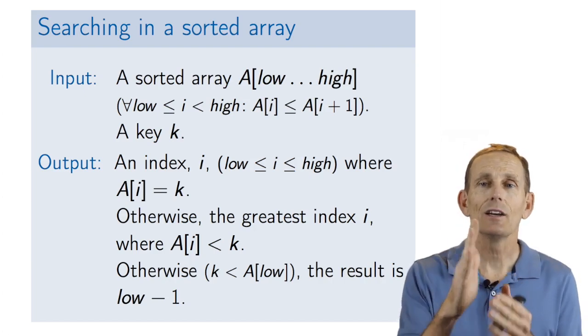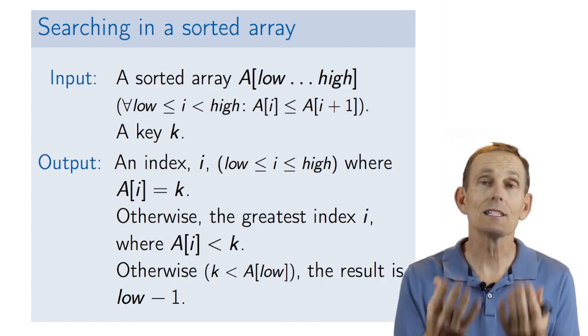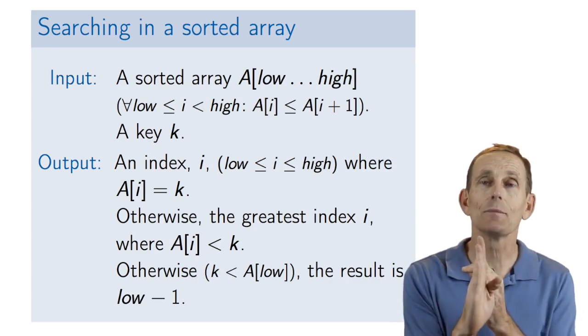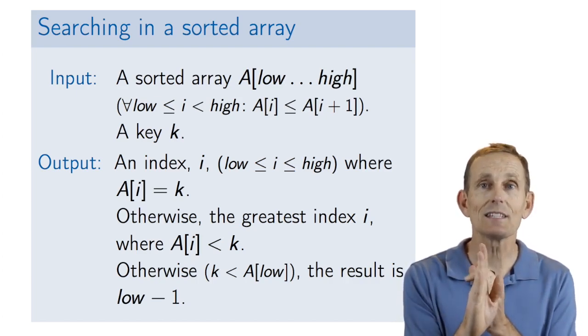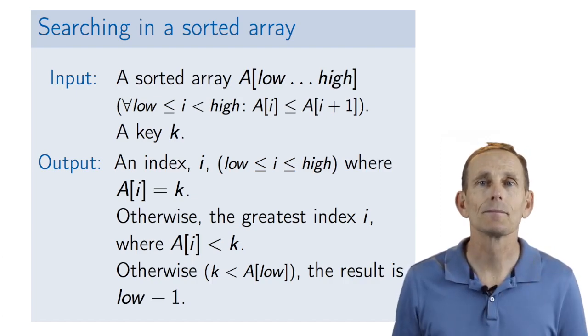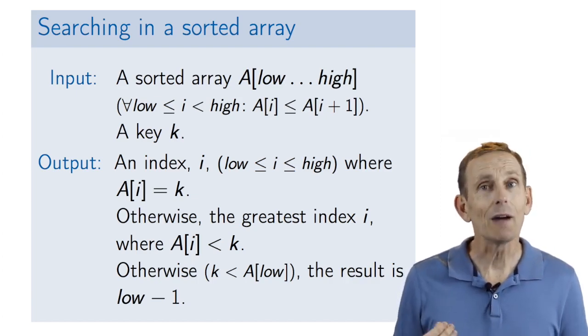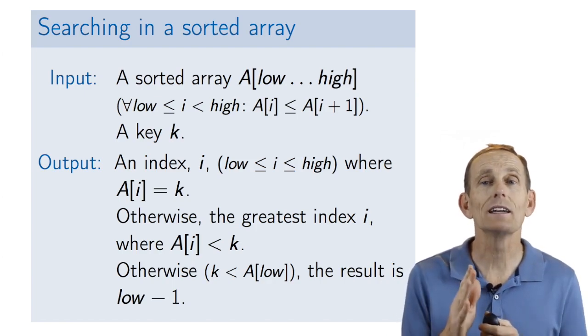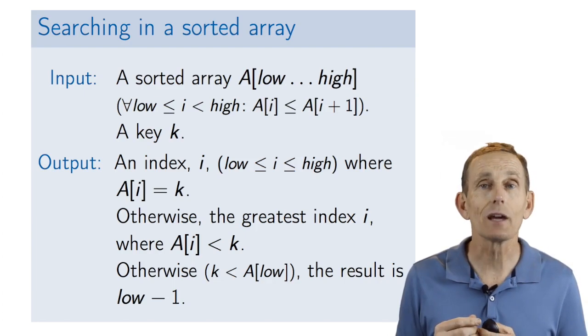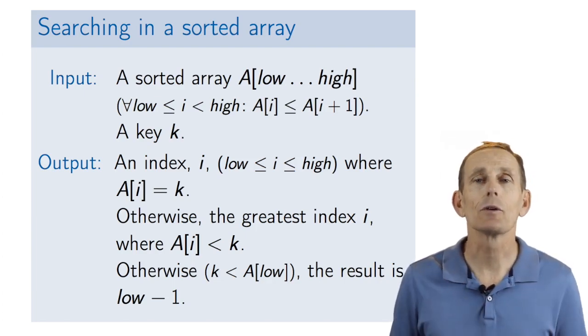That is, if the key is not in the array, we're returning an index such that the element at that index is less than the key, but the next element is greater than the key. And we do have to take account of the fact that every element in the array might be greater than the key. In that case, we're going to return low minus 1.